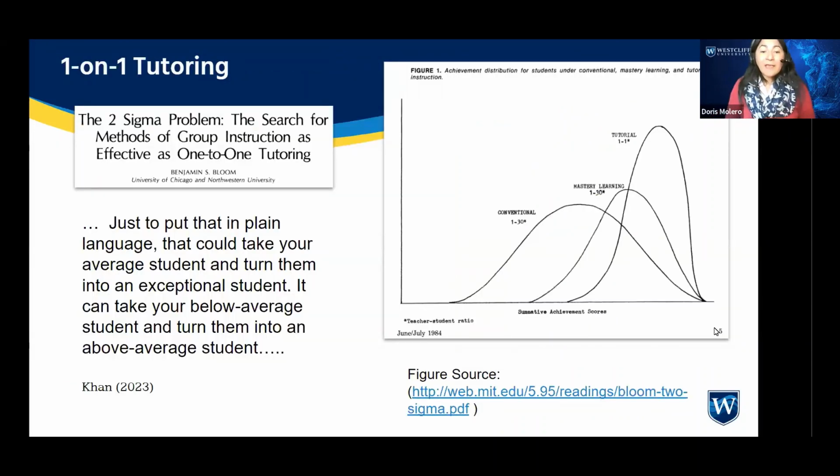The idea behind Khanmigo is trying to solve Bloom's two sigma problem. This refers to the significant difference in learning outcomes between students who receive individualized instruction and those who receive traditional classroom instruction. Bloom proposed that personalized approaches to teaching and learning, such as one-on-one tutoring or small group instruction, could address the problem.